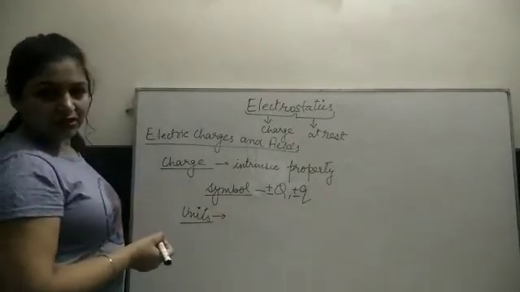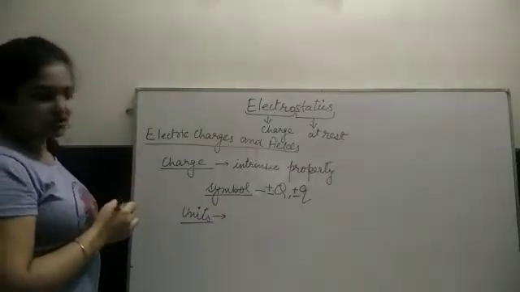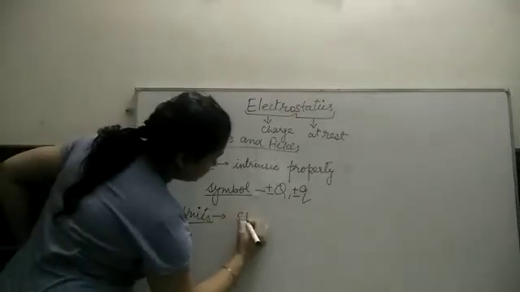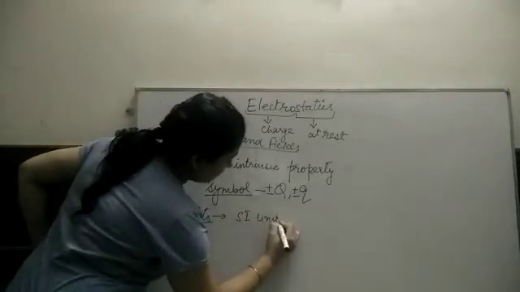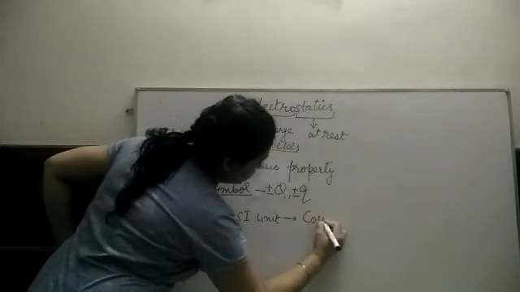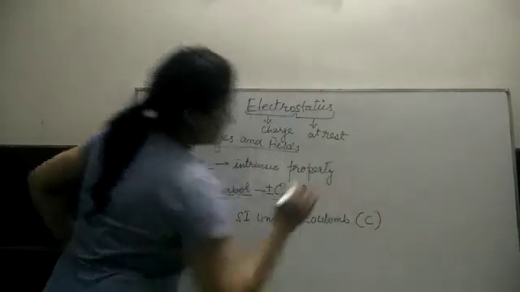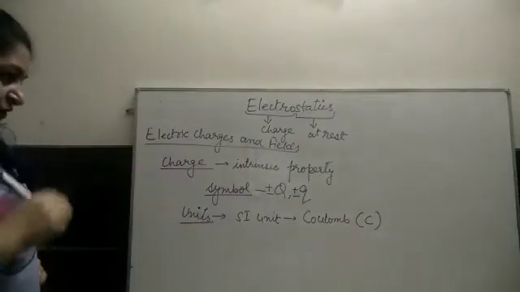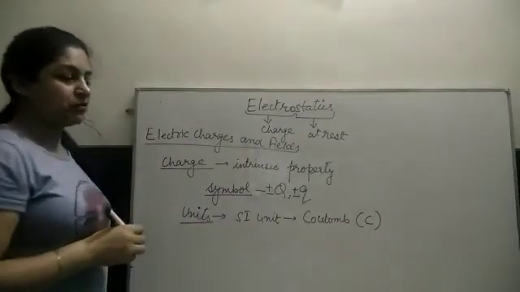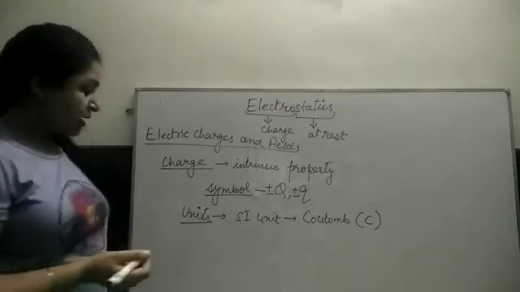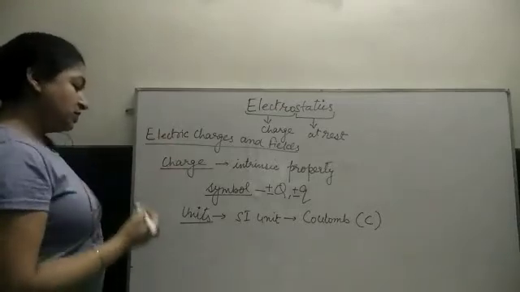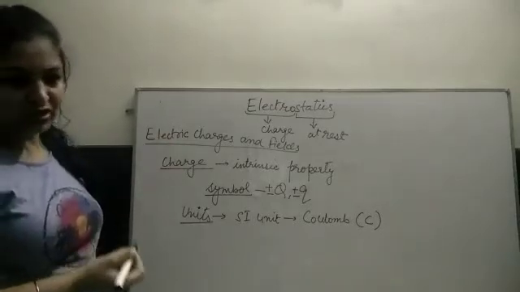Various units are there for charge, but we are going to discuss the SI unit. The SI unit for charge is the Coulomb, capital C. This we will use for numericals and for representing charges. So this is all about charge and its units.